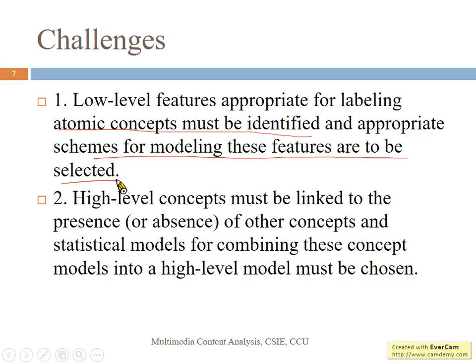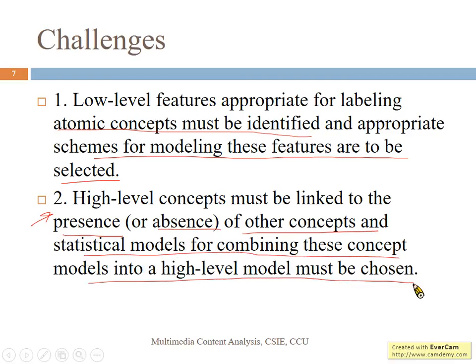So what kinds of statistical models, what kinds of methods are more appropriate to model such features? The second challenge is that high-level concepts must be linked to the presence or absence of other concepts, and the statistical model for combining these concept models into a high-level model must be chosen.